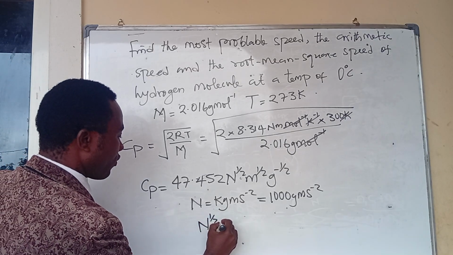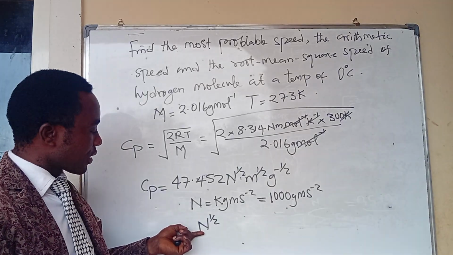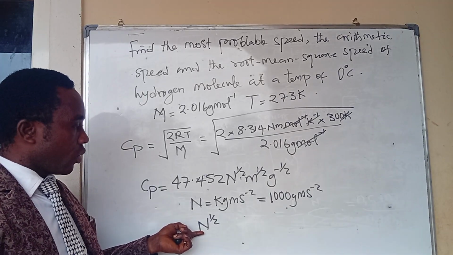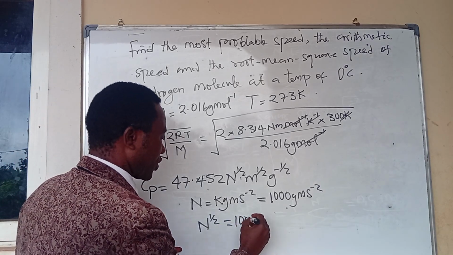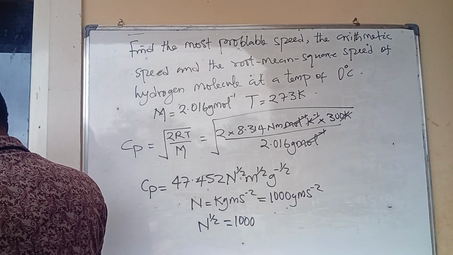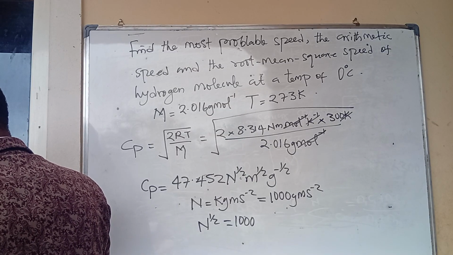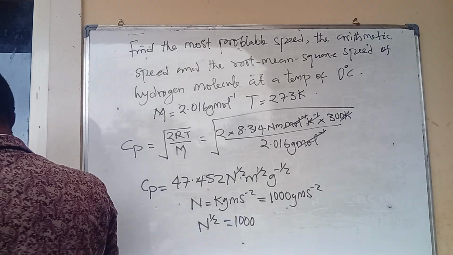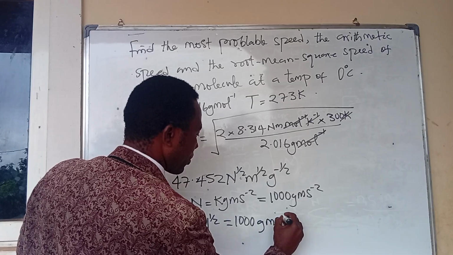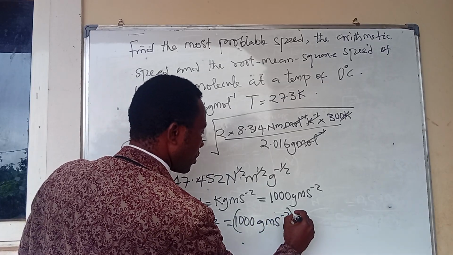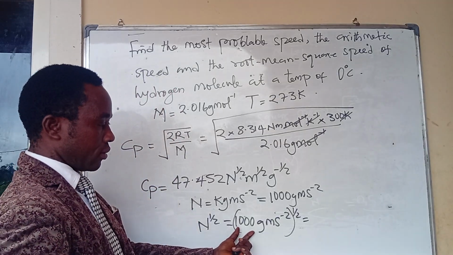N raised to power 1 over 2, I don't know if you are seeing from here, will simply become equals to 1000 g m s^-2 all raised to power 1 over 2. That will give us the root of 1000.